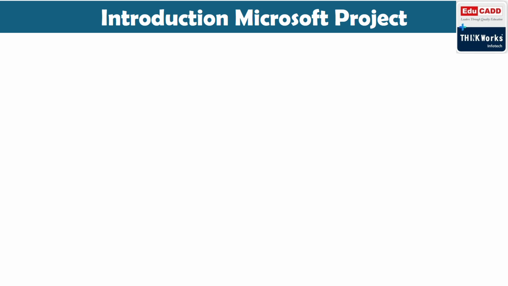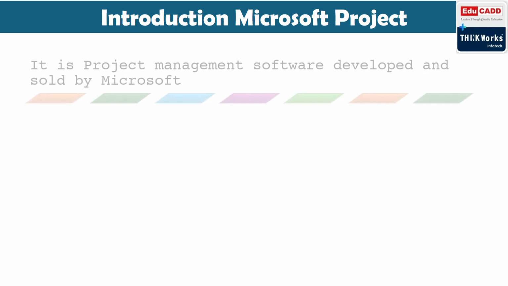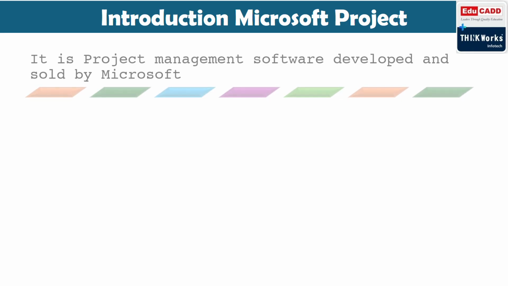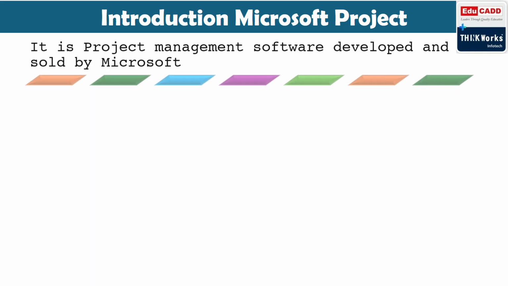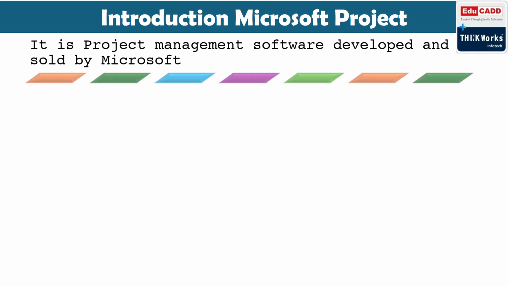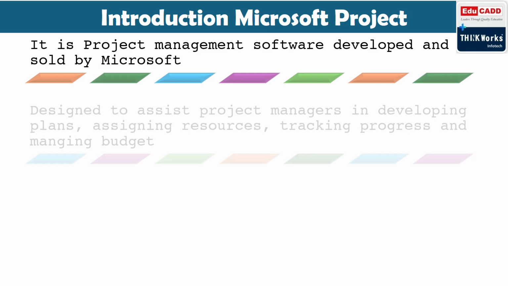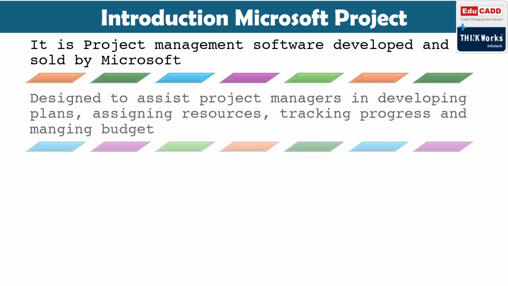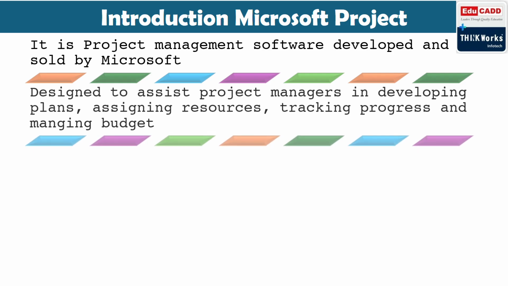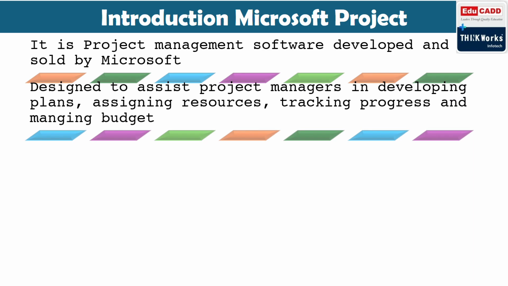So then let us see the introduction of MS Project. As the name itself says, it is developed and sold by Microsoft. It is designed to assist project managers in developing plans, assigning resources, tracking progress and managing the budget.